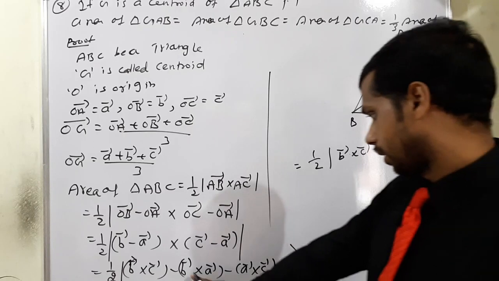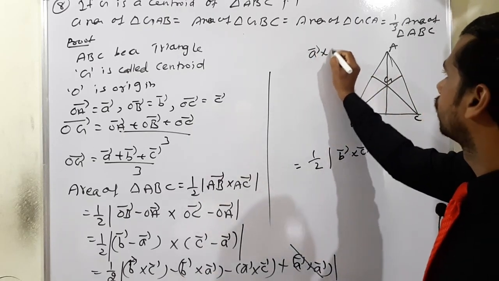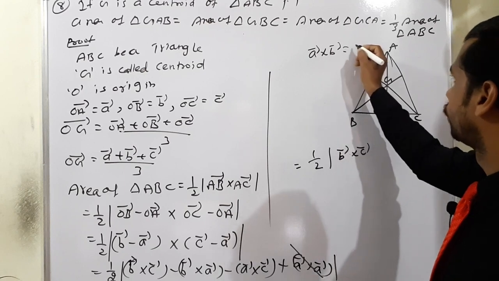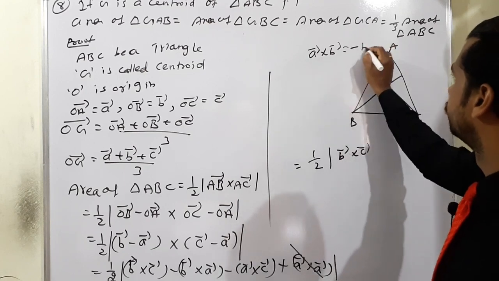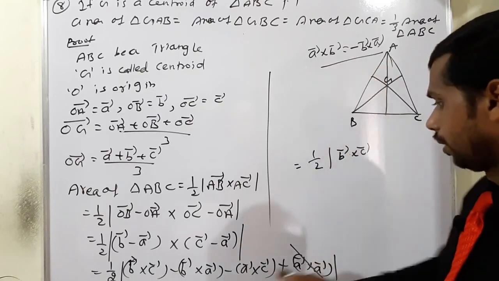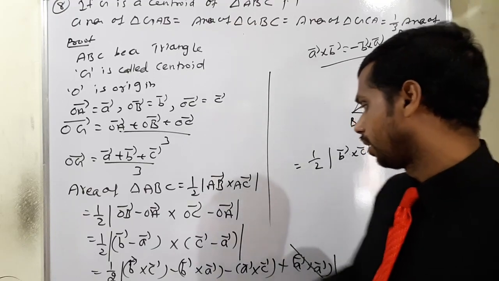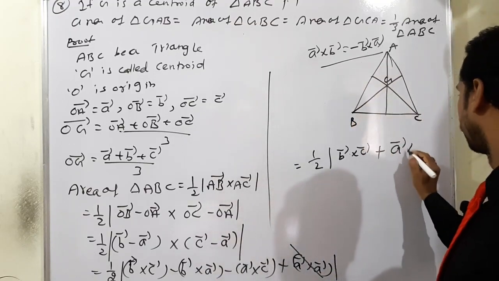Next condition. Already we know A vector cross B vector, if you interchange, is minus B vector cross A vector. According to this, the minus sign is already there, so to produce positive we write A vector cross B vector.